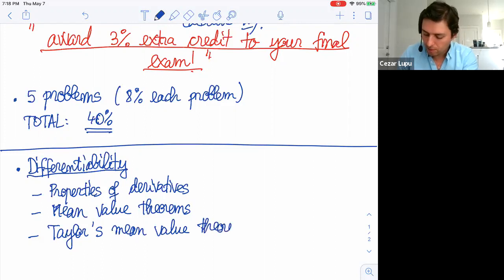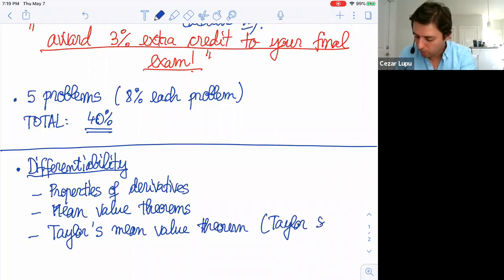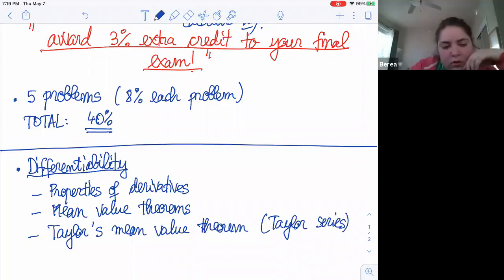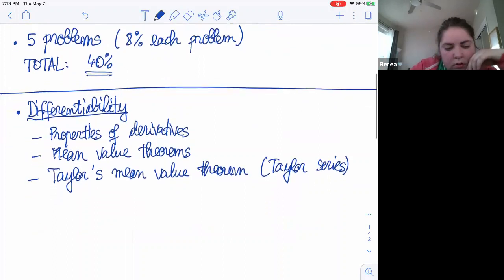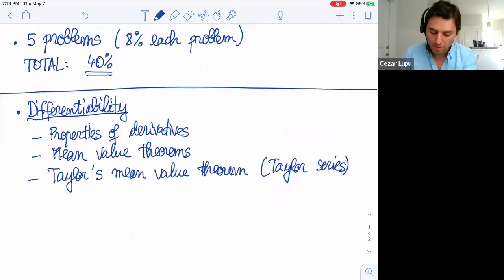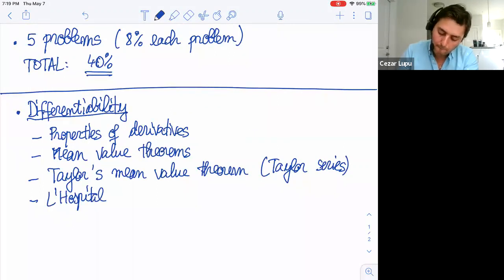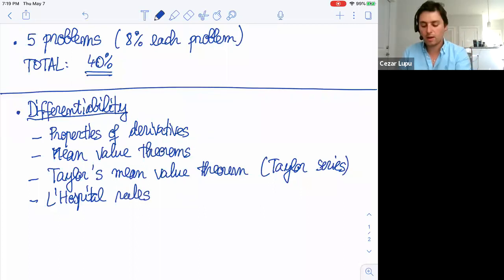In fact, this goes hand in hand with Taylor's series that we have discussed in class, and we spent a lot of time with this, in fact a little bit too much. Also important here is L'Hopital's rule, with the two cases, infinity over infinity and 0 over 0. So that was the first chapter, and I spent a little bit too much on it because it was very important, especially for other chapters.